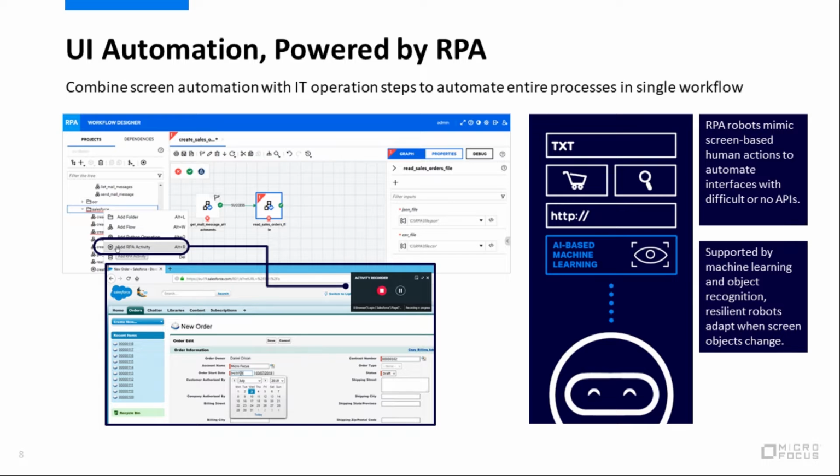So you can work together with the robot on a specific process to make sure that you get all the actions done in an error-free way. Supported by machine learning and object recognition, the resilient robots adapt when change happens.